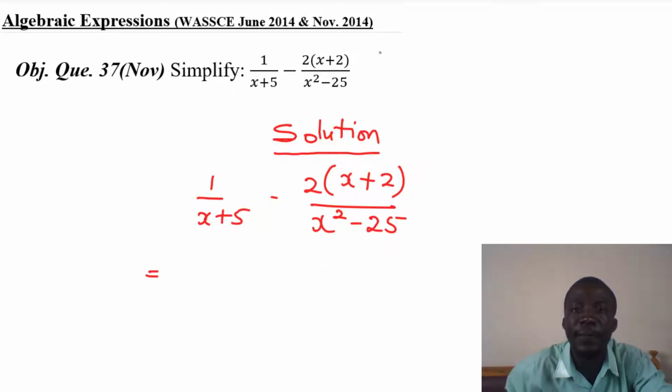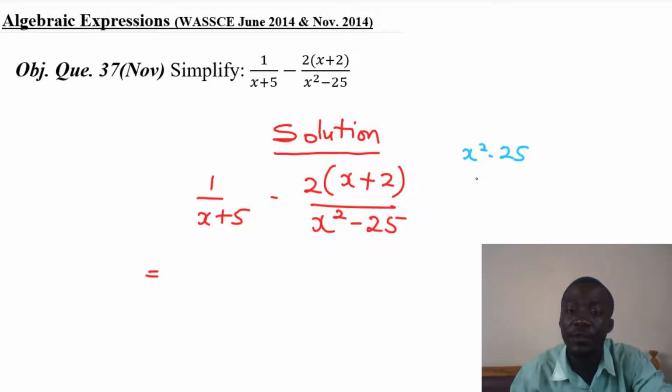Well, let's check something and see. When you look at the denominator for the second term, we have x squared minus 25, which is a difference of 2 squares. So we can re-express that one as x minus 5, x plus 5.